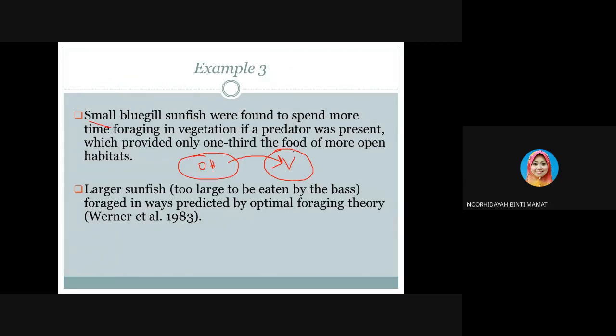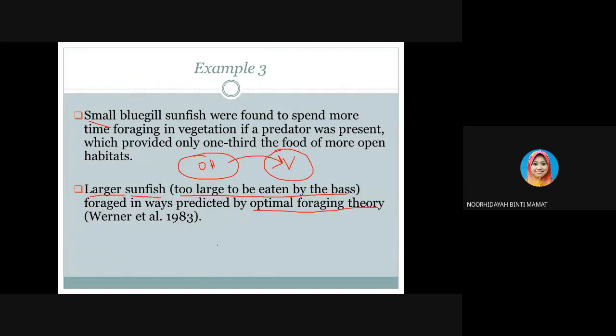But this vegetation habitat will provide protection to the bluegill sunfish. But if there is a larger bluegill sunfish, whose size is too large to be eaten by the predator, the foraging behavior is predicted by the optimal foraging theory.